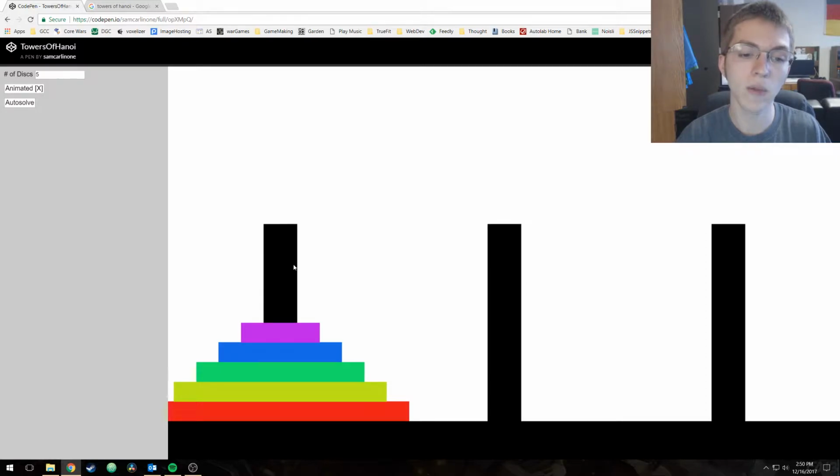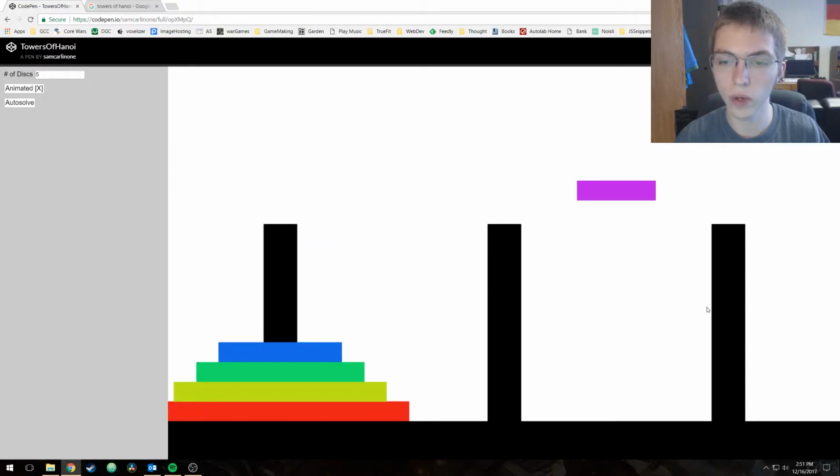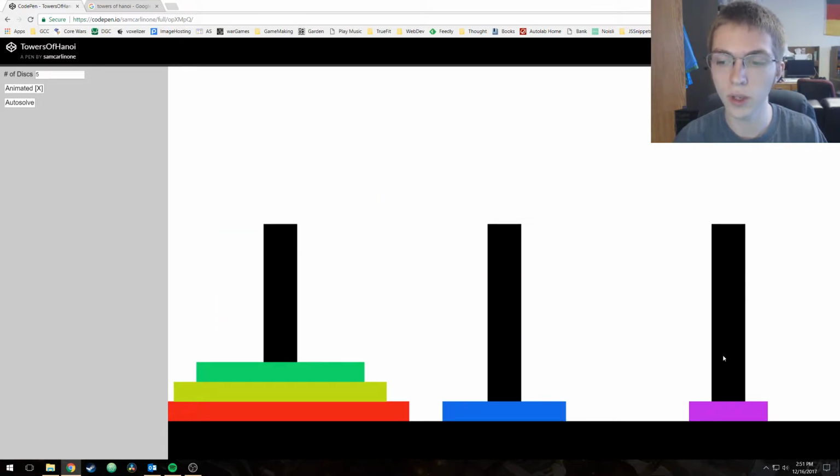And we cannot put a disk on top of another disk that is smaller than the disk below it. So, for example, if I move this purple one over to the end, I can now not place the blue one on top of the purple one. Instead, I have to move the blue one over to the middle, and then I can put the purple one on top of it.